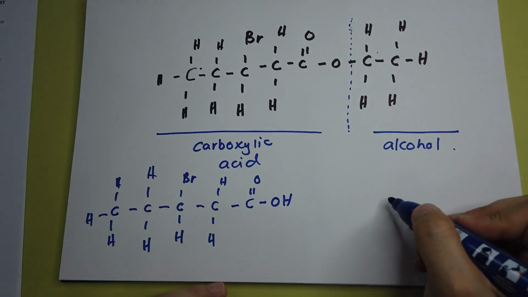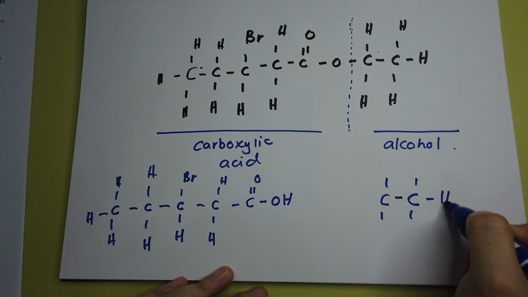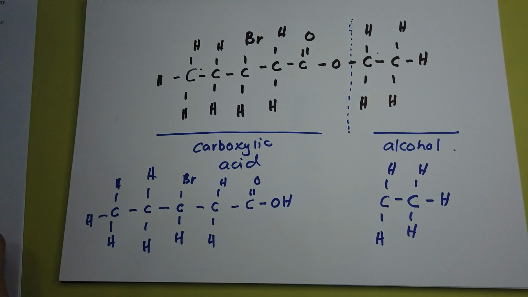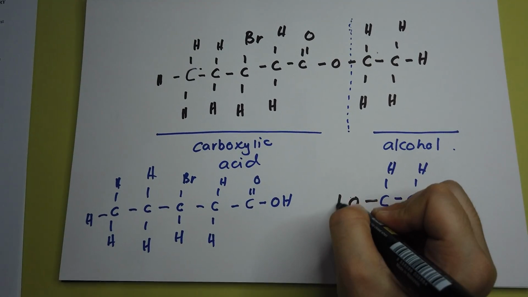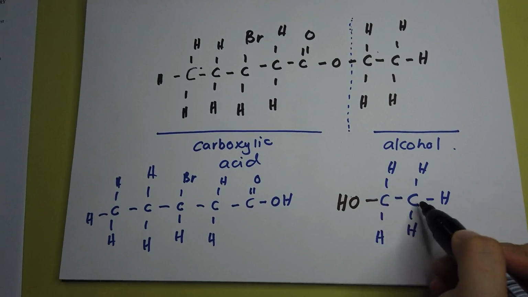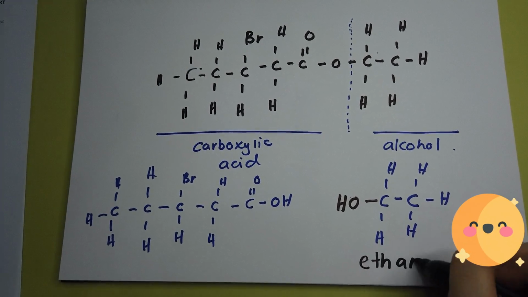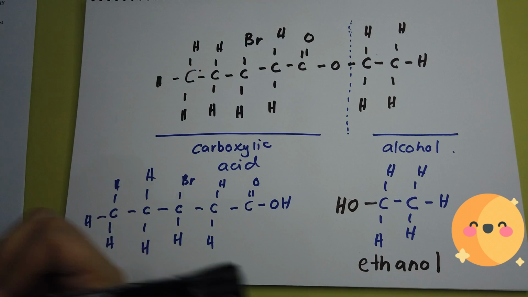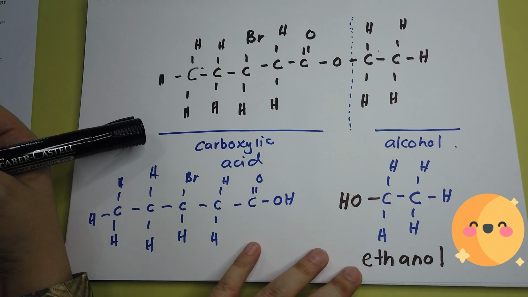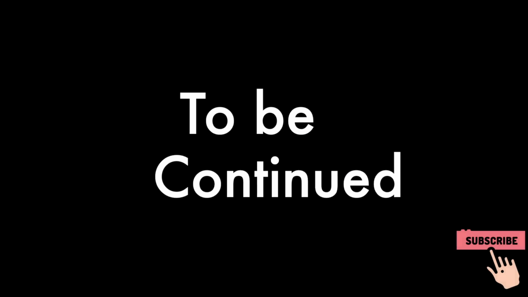So what type of alcohol is that? Because this is an alcohol, you should put OH. Because you have 2 carbons, this one is ethanol. So the answer for your compound A is ethanol.